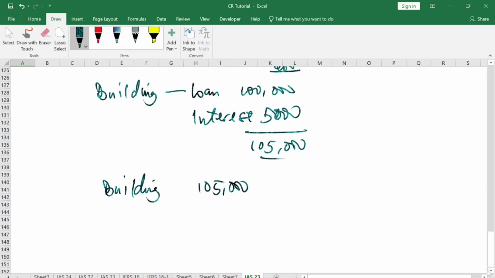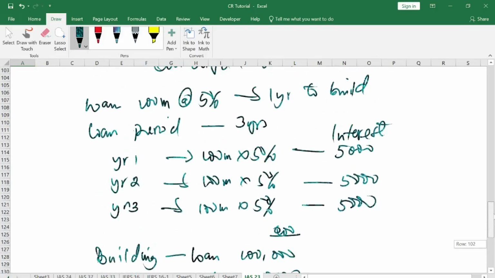So we've capitalized the interest, added to the principal loan that you took, and that is the cost of the building, because you took the loan purposely for the acquisition, putting up the building. This is the cost of the building, and it is going to sit in your books as the value of the building. Good. And remember, the loan is a 3-year loan.